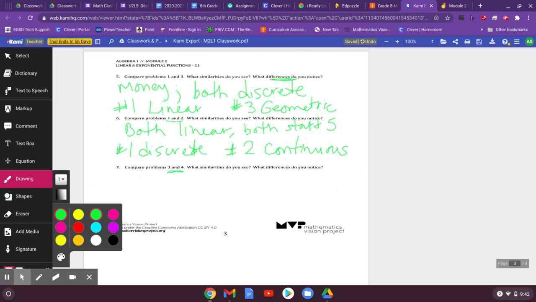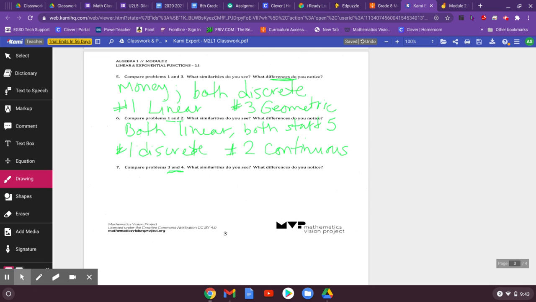3 and 4. Okay, so 3 and 4 were about the interest in the bank and also the draining of the pool. So 3 and 4 were both geometric. Percentage is a ratio, and both of them are 3%.